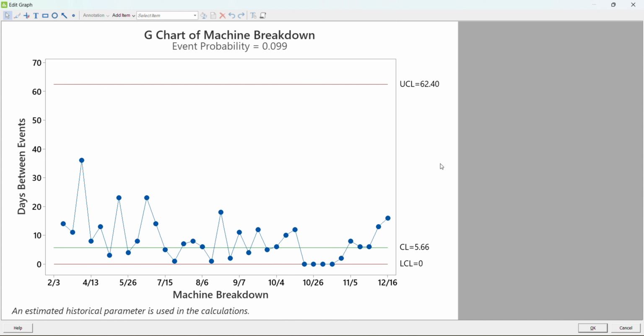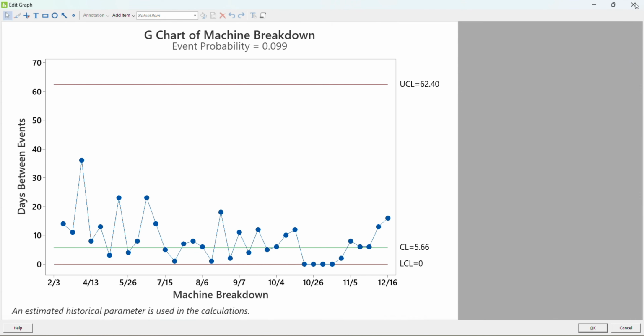Maybe in a different video I will clearly explain the formula, but in the interest of people who wanted to plot charts for rare events, G chart is a better chart than a C chart or a U chart or a P chart or a NP chart, depending upon what you are monitoring. As an attribute data, if it is a rare event, the right metric to measure is not the event, but actually the days between the event. That is the correct metric to be plotted when you are plotting a rare event chart.